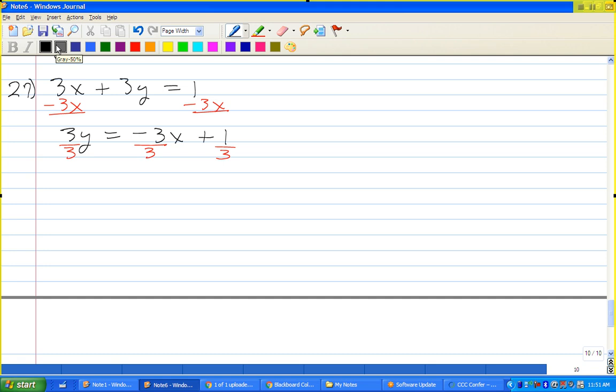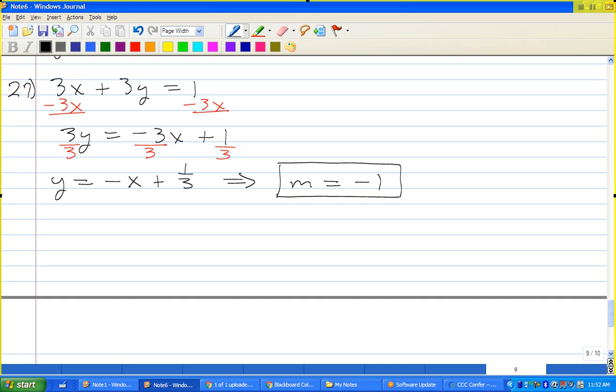And so y is equal to negative x plus 1/3. Since I have it in slope-intercept form, the slope is, well, there's a negative in front of the x, so this is understood to be multiplied by negative 1. So my slope is negative 1.